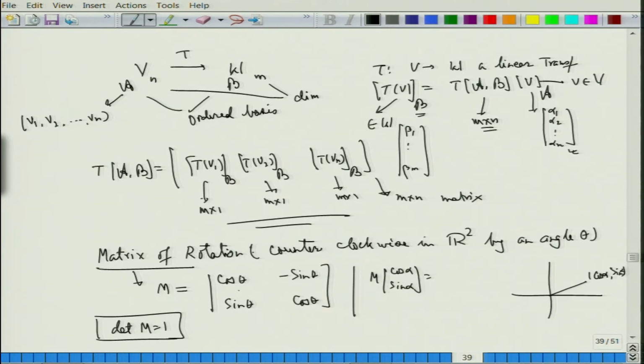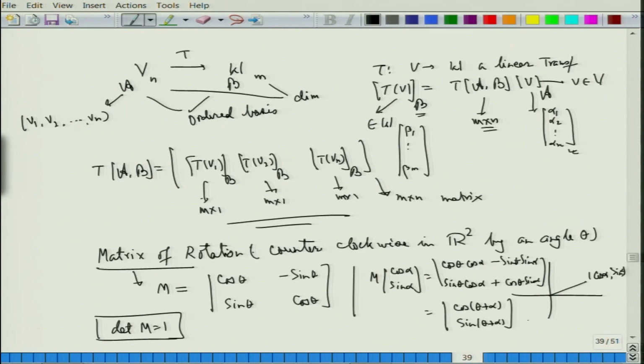Then this by definition is, just multiply it, first component is cos theta cos alpha minus sin theta sin alpha, and the second component is sin theta cos alpha plus cos theta sin alpha, which is nothing but cos of theta plus alpha and sin of theta plus alpha.